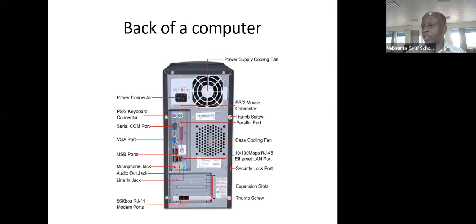And the power connector we talked about is that you slot in this part into that area. It has 3 holes. One is for live, another is for neutral, and another is for earth. Okay, and that power connector is on the power supply.